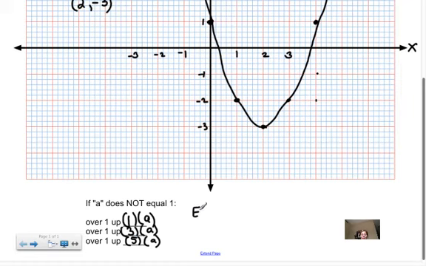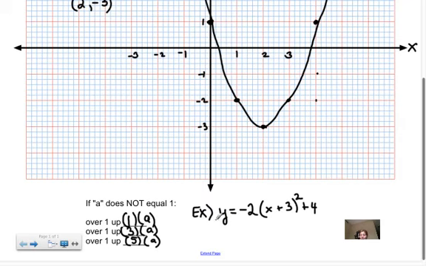So let's give us an example here. Let's say we're talking about the function y = -2(x + 3)² + 4. Oops, I need a little squared there to make sure that it's quadratic.